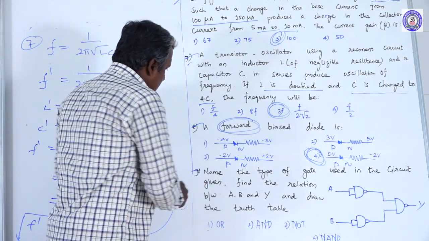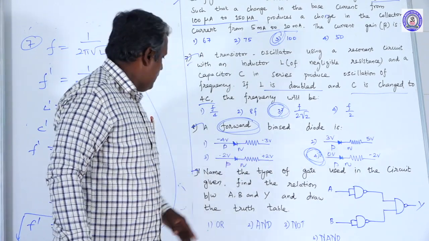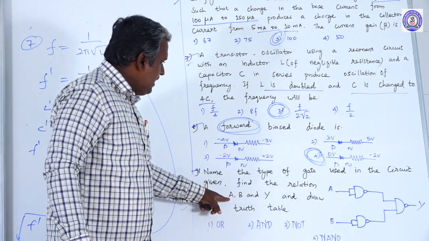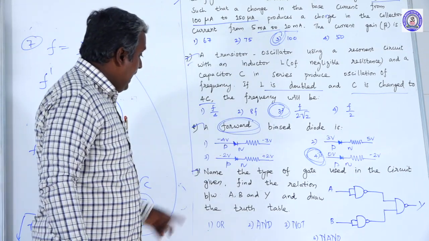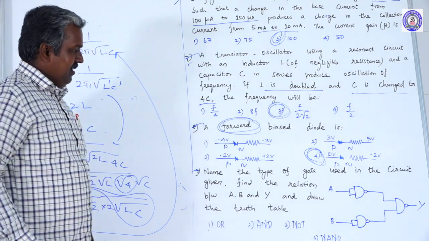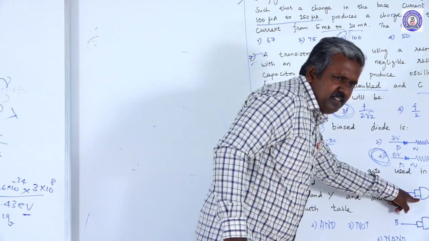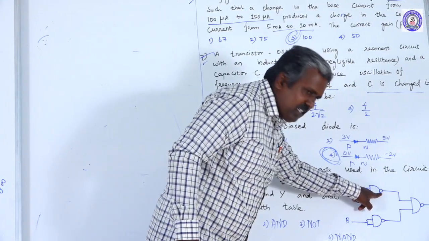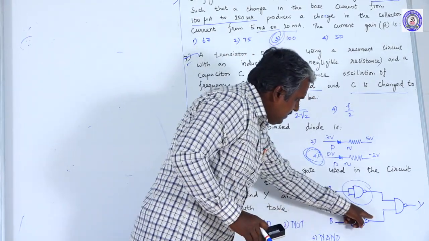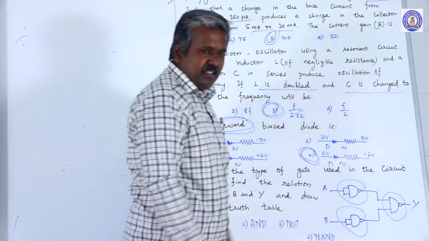Name the type of gate used in the circuit given, find the relation between A, B and Y, and draw the truth table. First, what is this? This means complement. NAND gate, correct? Again one NAND gate. Another one NAND gate.